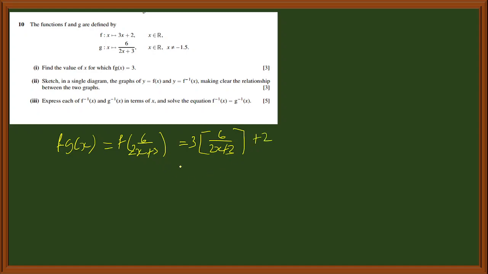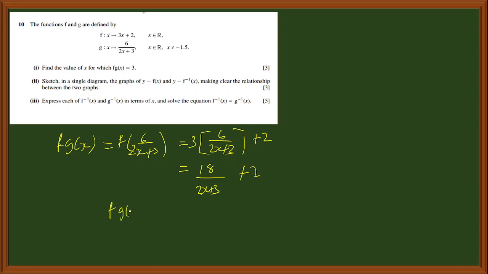We then simplify. We'll have 18, that is when we multiply out the bracket, 18 over 2x plus 3 plus 2. We are told that we should find a value of x for which fg of x is equal to 3.